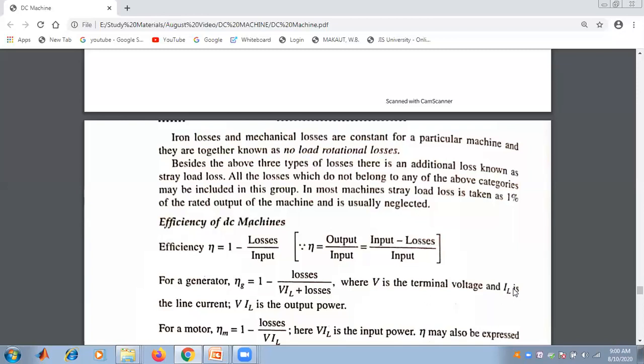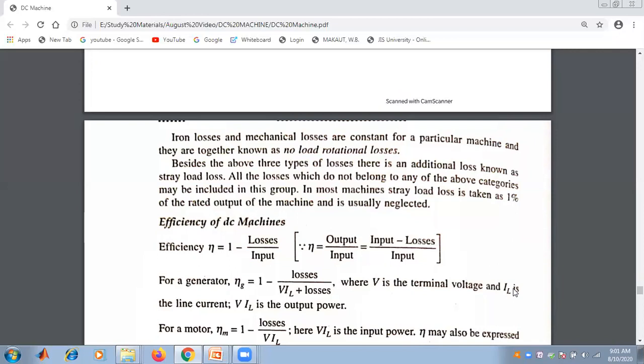All the losses which do not belong to any of the above categories will be included in this group. In most machines, stray load loss is taken as 1% of the rated output of the machine, and it is generally neglected.